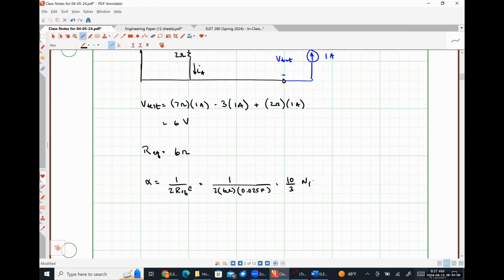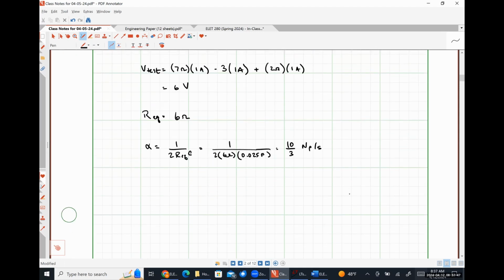Let's see, Nepers per second. Since alpha is greater than omega naught, that means that this circuit is overdamped.